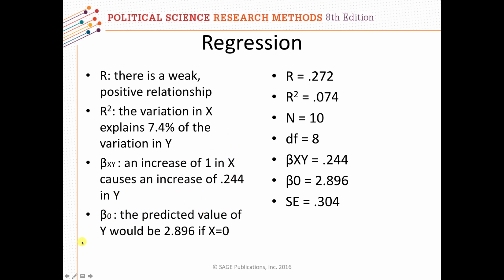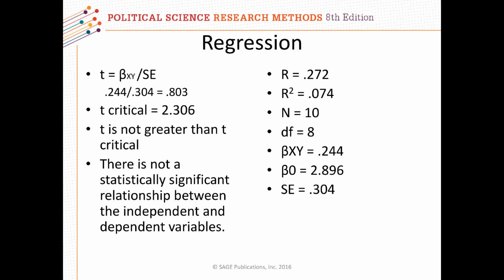And the predicted value of the y-intercept is 2.896 if there was a 0 for the independent variable. Which actually makes sense. If you have an approval rating of 0 and you're running for president, I would suspect you get about 2.89% of the vote. Sure, that makes a lot of sense. Actually, I'm interested to know how that worked out.